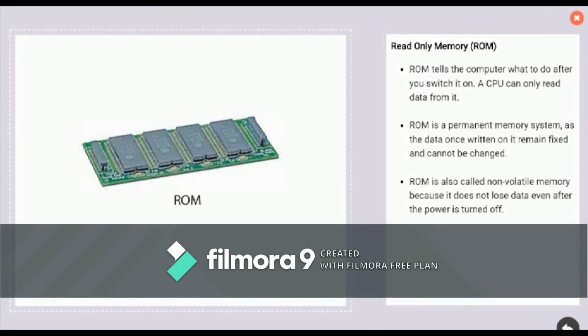ROM is a permanent memory system as the data once written on it remains fixed and cannot be changed. ROM is also called non-volatile memory because it does not lose data even after the power is turned off.